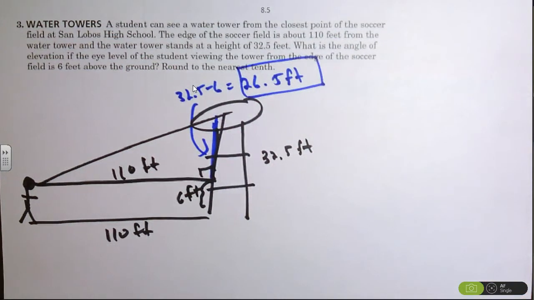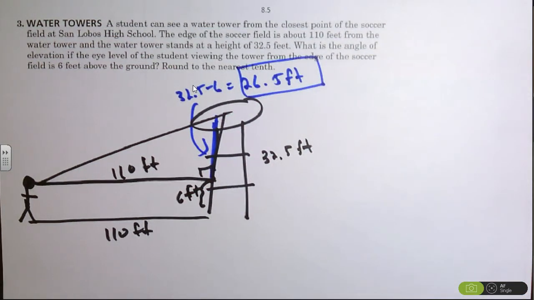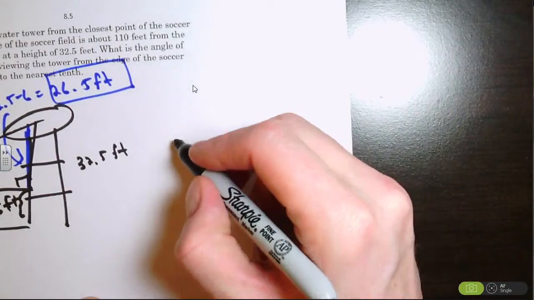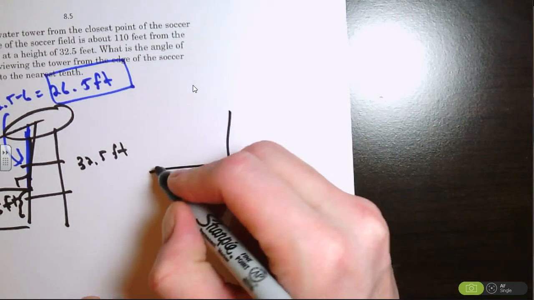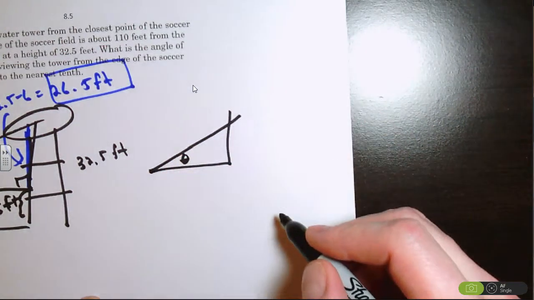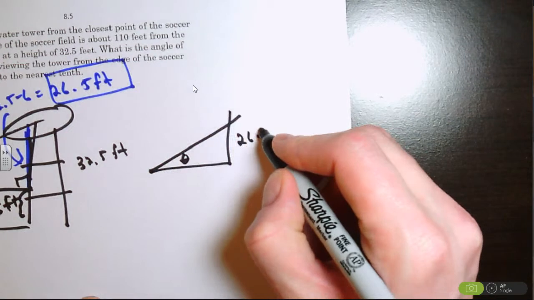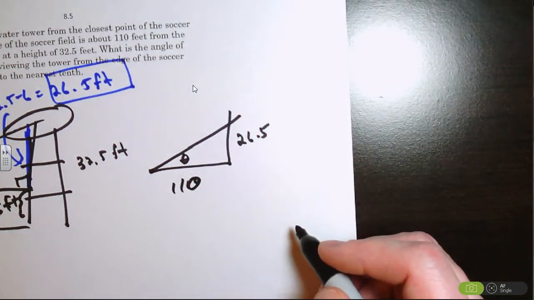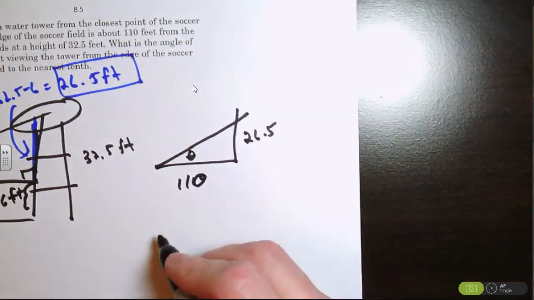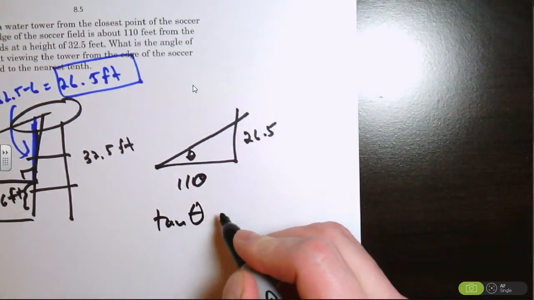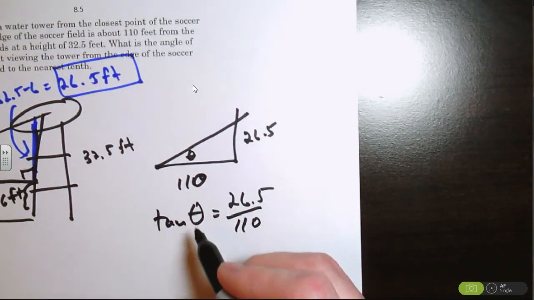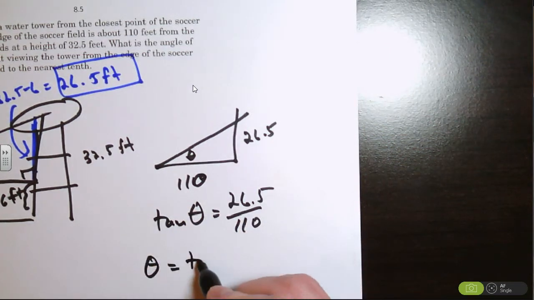Now if I take that triangle and sketch it off to the side, just the triangle itself, I get this. There's our angle theta. This is 26.5. This is 110. So I'm doing opposite over adjacent, so the tangent of the angle is 26.5 over 110. If I want to solve for the angle, that's when we use the inverse tangent.